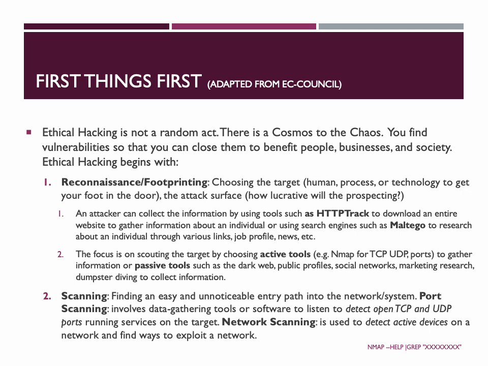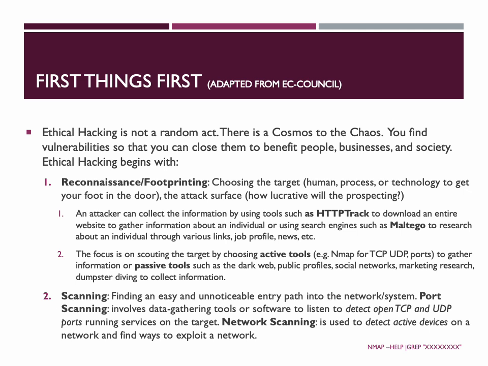Then the next one is after you've finished your reconnaissance or footprinting, you go into scanning. So then you have to find an easy and noticeable entry path into the network or system. Port scanning involves data gathering tools to listen to and detect open TCP and UDP, so that's the User Datagram Protocol and the Transmission Control Protocol, running services on the target.